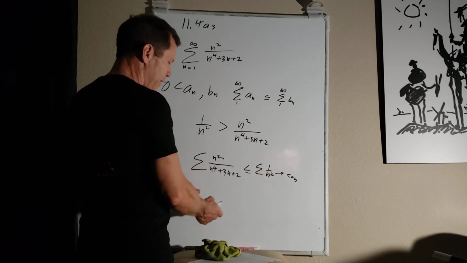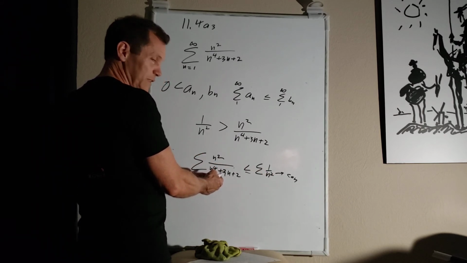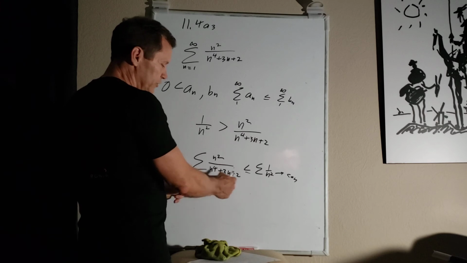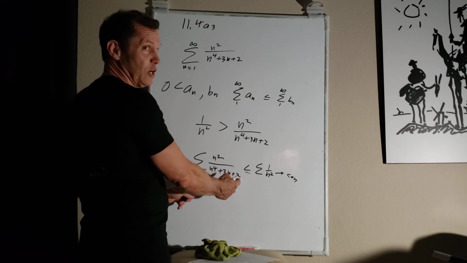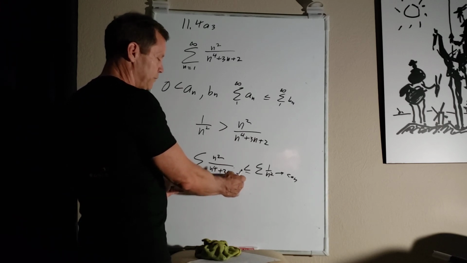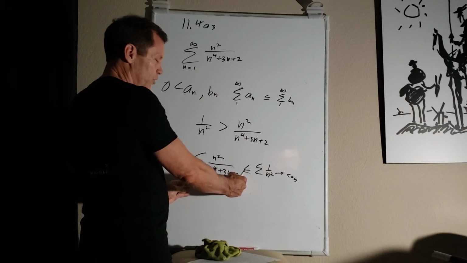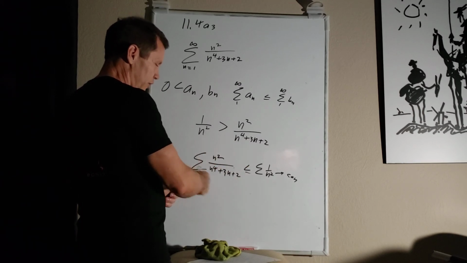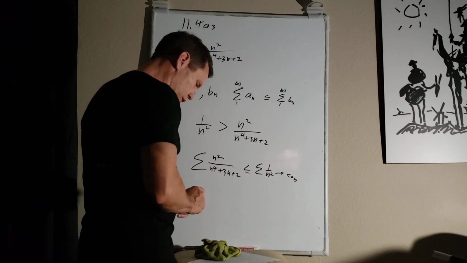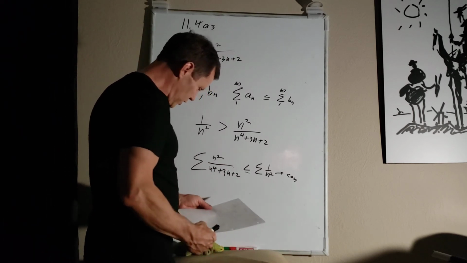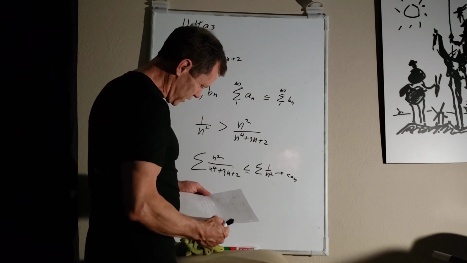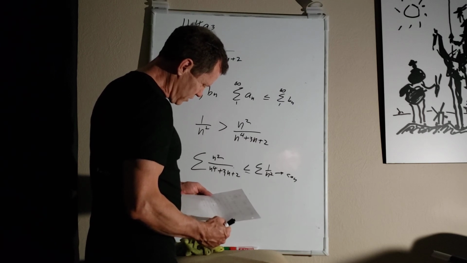The partial sums are monotonically increasing, so this guy's partial sums have to converge, so the series has to converge. Let's see if there's anything else I want to talk about.